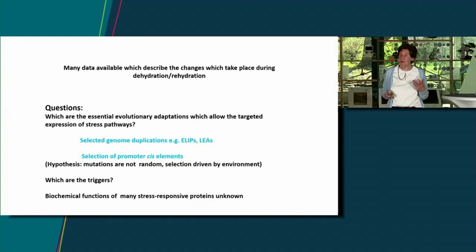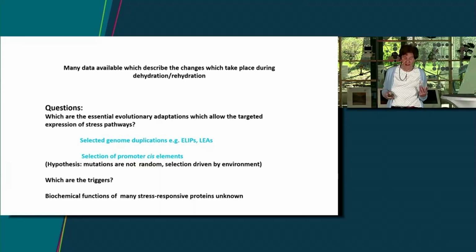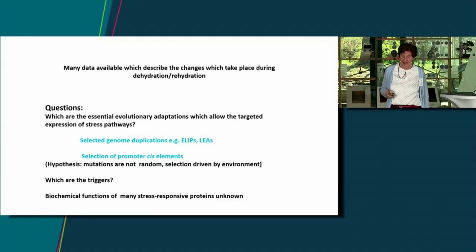However, I also would like to point out that, although many people try, the true biochemical functions of, for instance, these LEA proteins, and to some extent also the ELIP proteins, are not really fully understood. So there's still quite a bit of work to do.